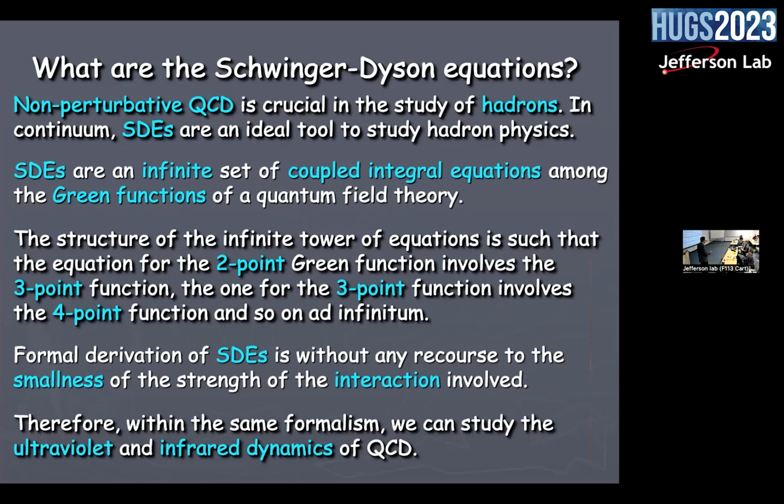So those experiments are harder, but the 12 GeV upgrade and the possible potential upgrade to 20 GeV would allow us to measure these form factors at much larger values. I think the 12 GeV upgrade would allow the pion form factor to be measured up to about 6 GeV squared or so.